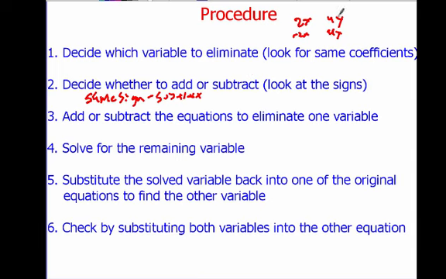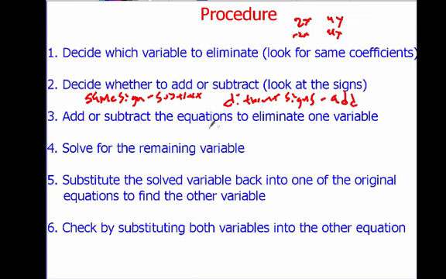So if I said 4y minus 4y, that gives me 0. If they have different signs, like negative 2x and positive 2x, well, that means I want to add. All right? So if they have the same sign, subtract, different signs, add.